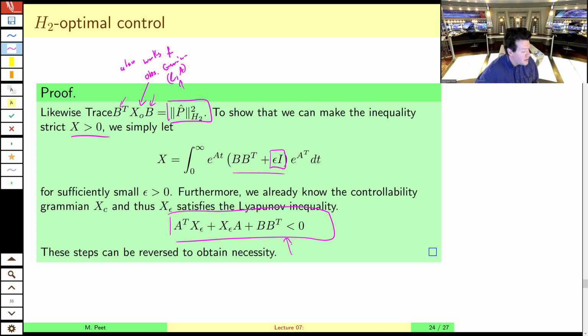So again, relating system properties indirectly through the gramians, though how you interpret that at this point is a little bit up in the air.